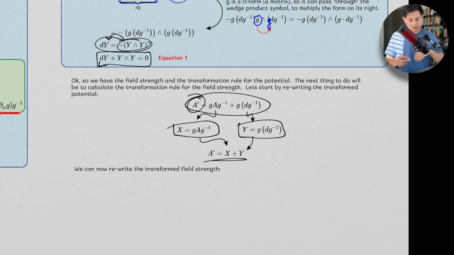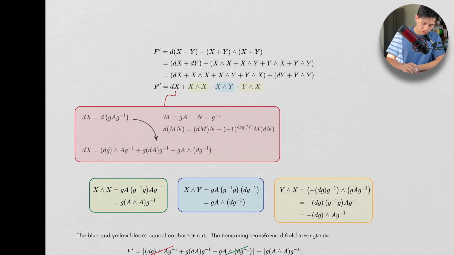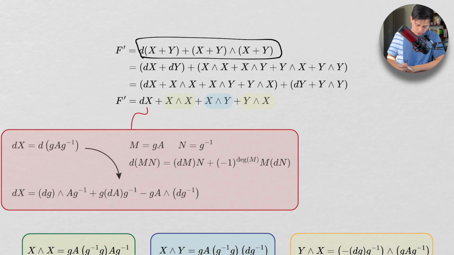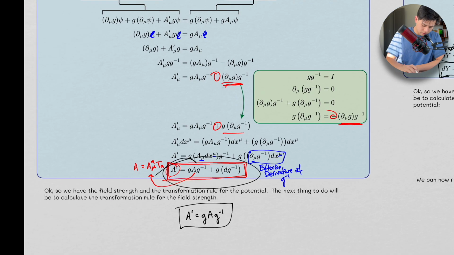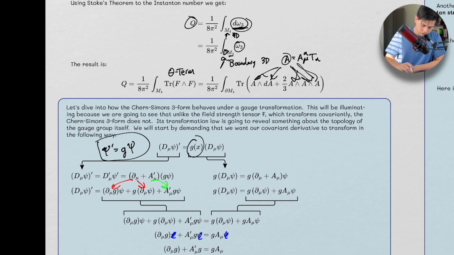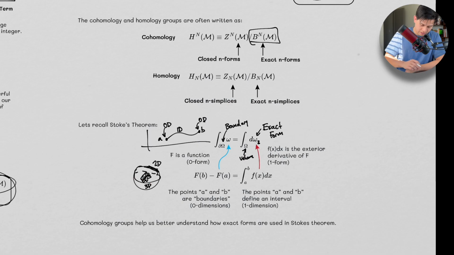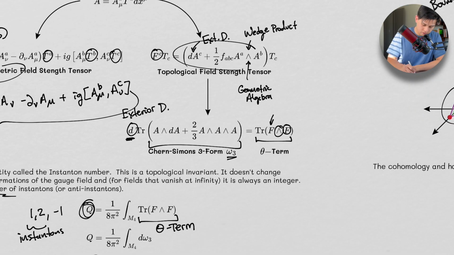And now we can rewrite the transformed field strength. What does this look like? The transformed field strength is then going to be this, because if we look back over here, where's our field strength?